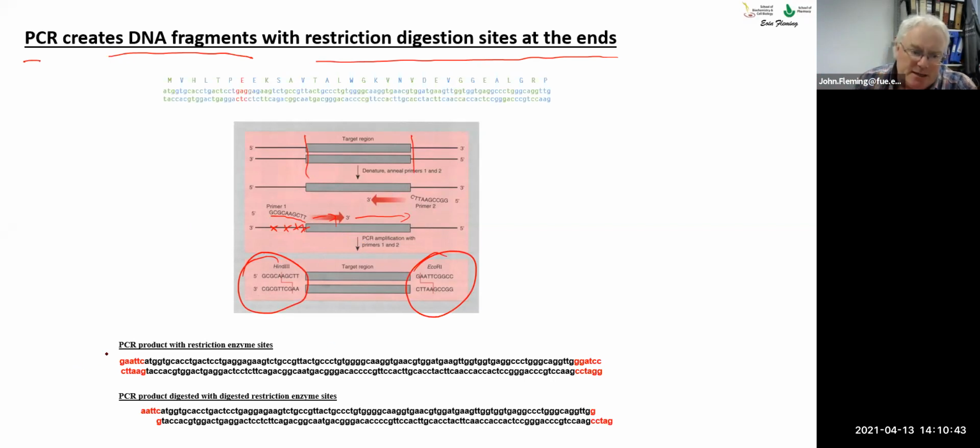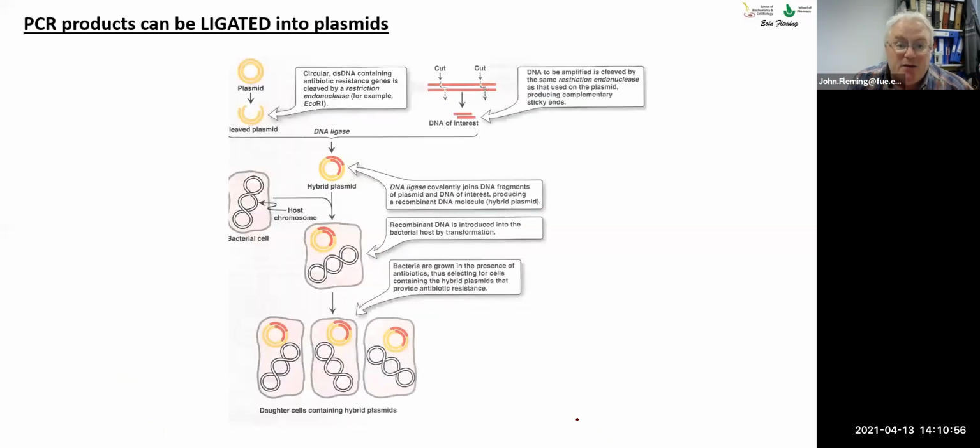So this now is our PCR product. We can put it into a restriction digestion, which gives rise to these sticky ends, these compatible cohesive ends, and this can then be cloned into a plasmid.